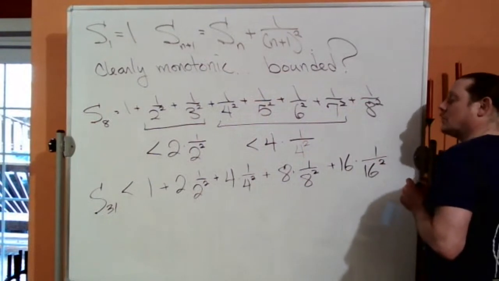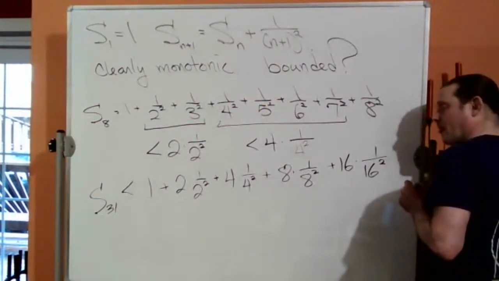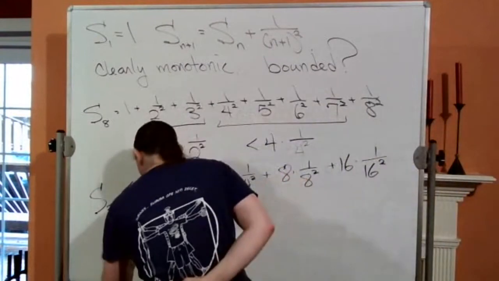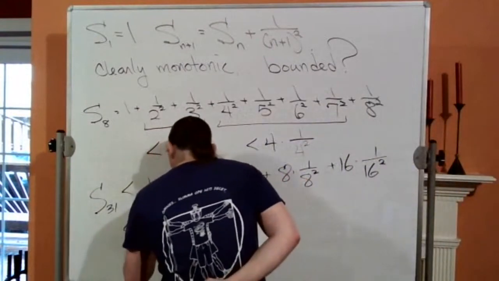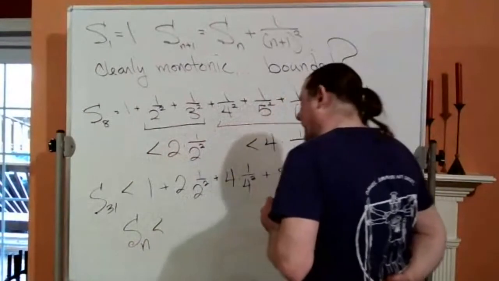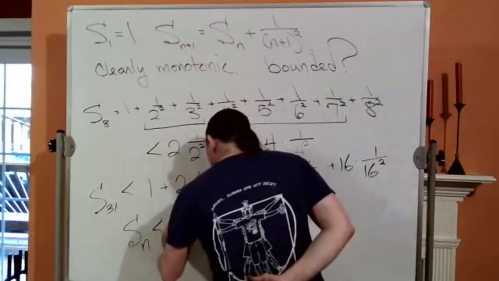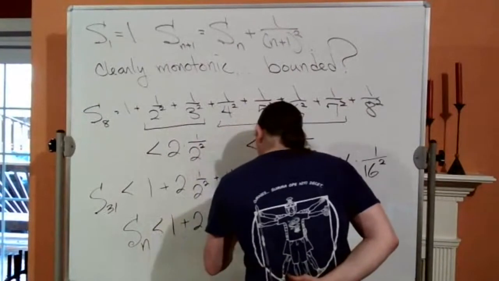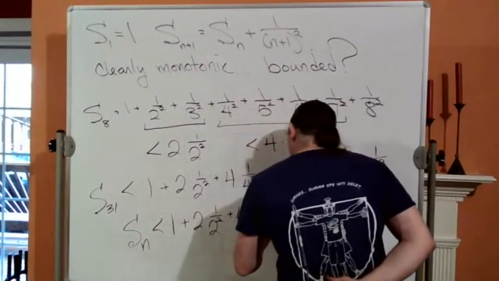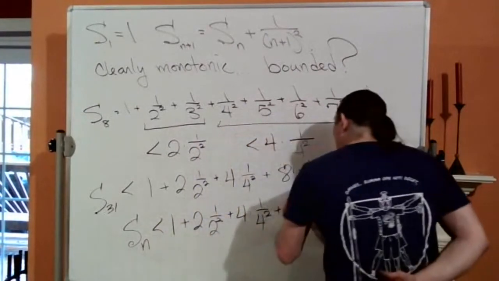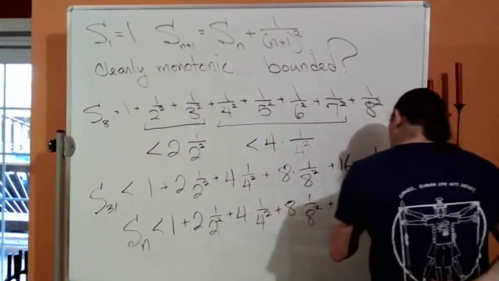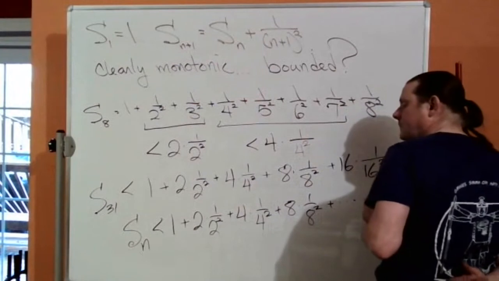That gets us up to 31. All right? So as you can see, Sn will always be less than 1 plus 2 times 1 over 2 squared, 4 times 1 over 4 squared, 8 times 1 over 8 squared, plus all the way up.